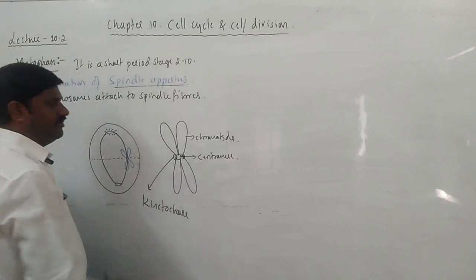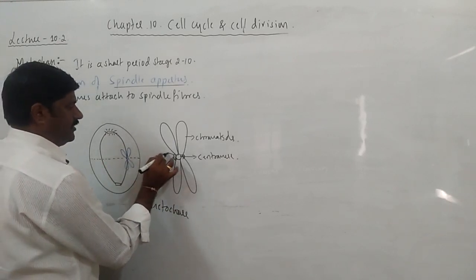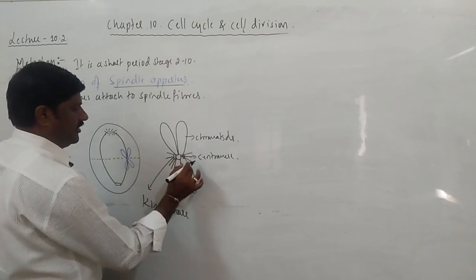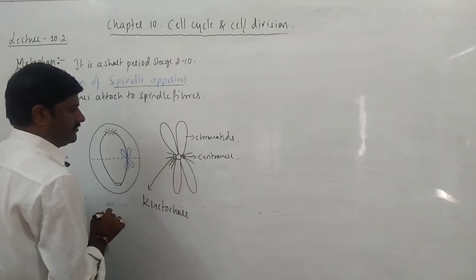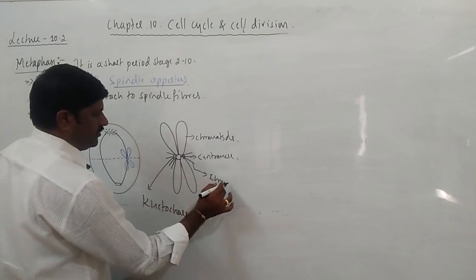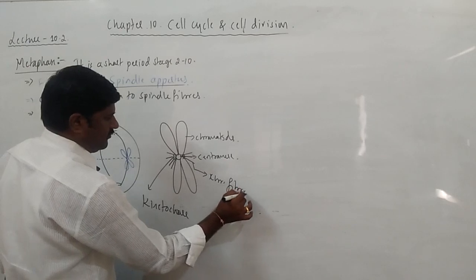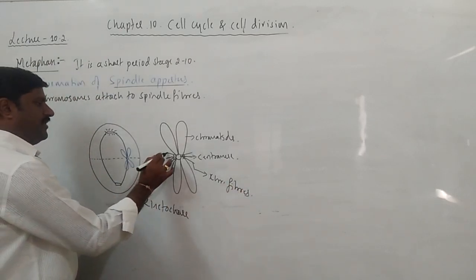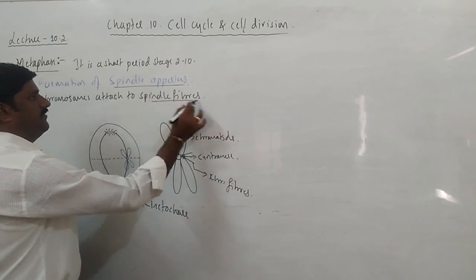Kinetochore, we know it. From this, you come across this kind of fibers or microtubules. These fibers are called chromosomal fibers. These chromosomal fibers are attached to the spindle fibers.